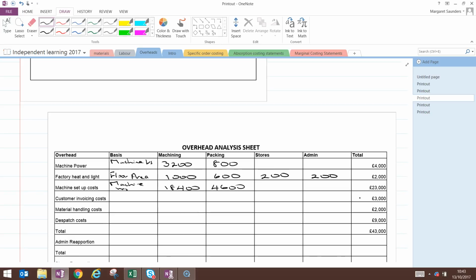So the whole invoicing cost should be allocated to admin. So we don't need to apportion it because it hasn't been caused by any of the other departments. It all belongs to admin. And in the basis we write allocate.